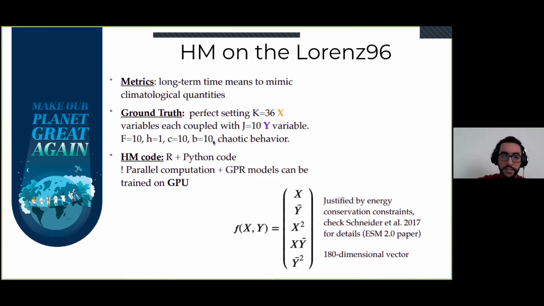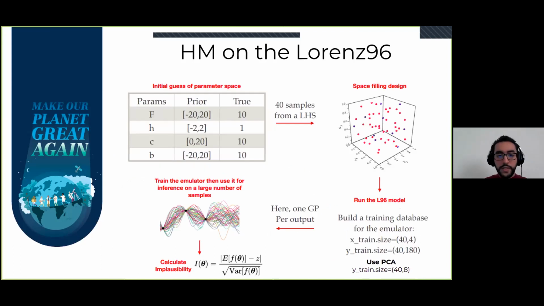I generated the ground truth and assumed that the observations come from the ground truth without noise, just to check. Then I used code which is a mix of Python and R. These are my metrics, which are justified by energy conservation constraints. If you are interested, you can check the Schneider et al. paper. Sorry, I'll be moving very quickly because time presses. If you remember the pipeline of history matching, this is what I did here. I have an initial guess of parameter space.